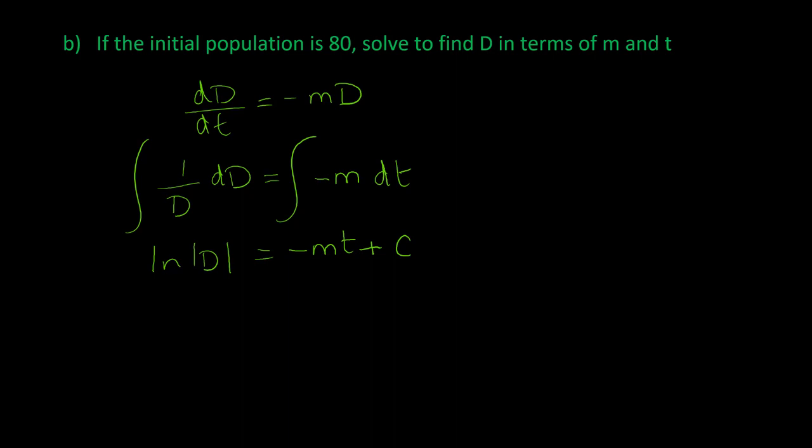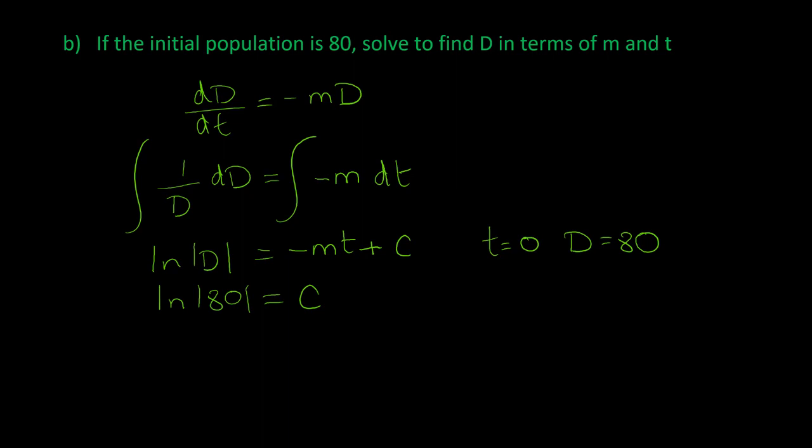Now we need to get rid of that constant of integration because it said we're only allowed to have d in terms of m and t. So we were told that the initial population, so when t equals 0, then the initial population d is 80. So using that in the equation we've got here, we can see that that's going to give us ln of 80 is the same as c, because the t will have disappeared there.